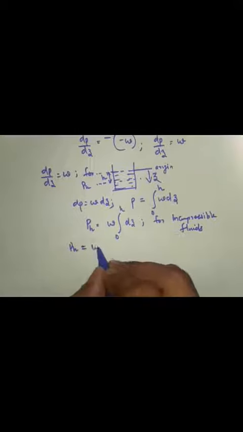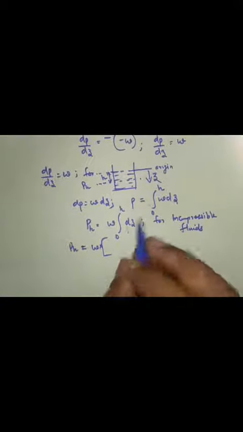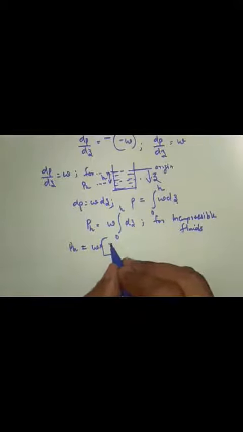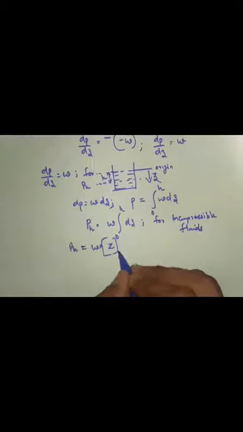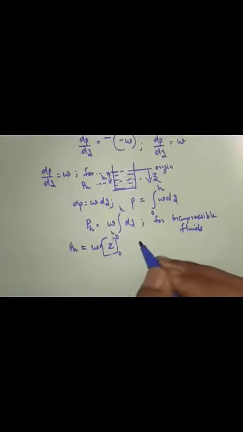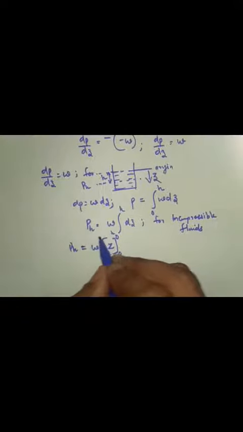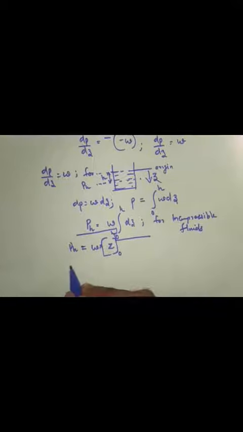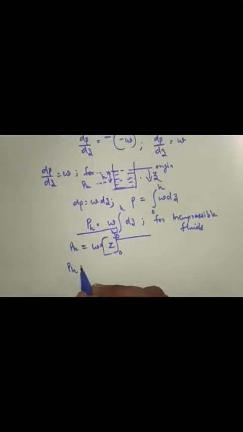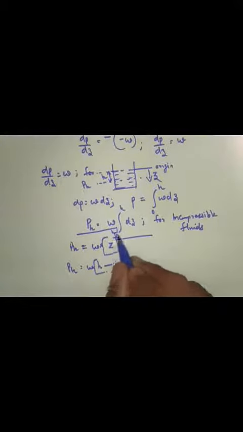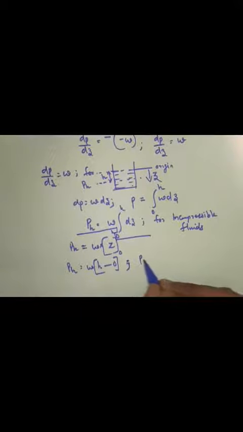So p h is equal to w into the integration of dz, which is z from 0 to h. That is p h is equal to w into h minus 0, so p h is equal to w into h.